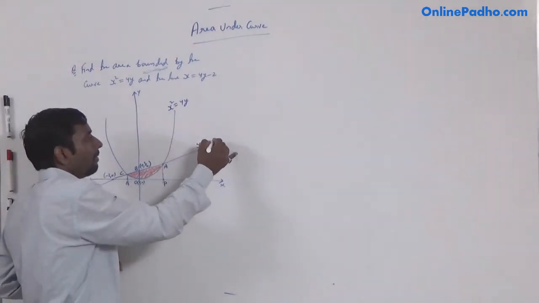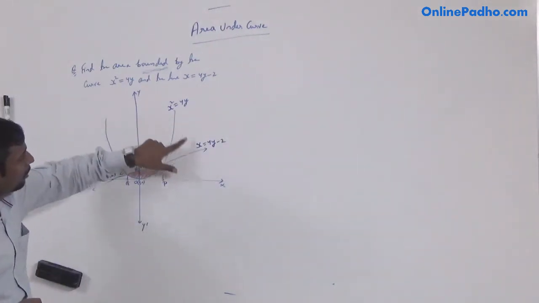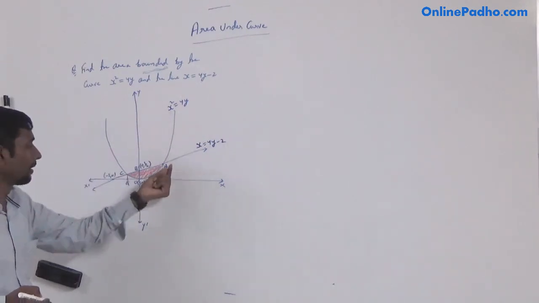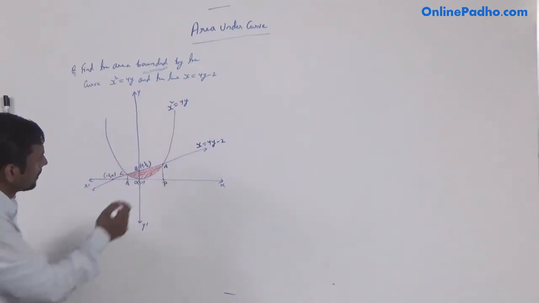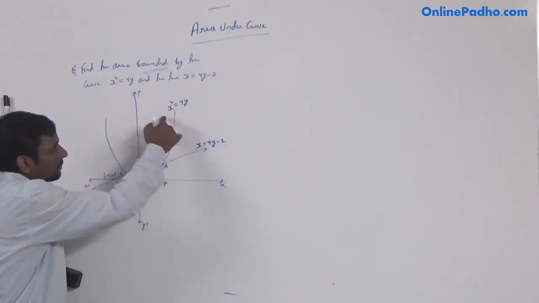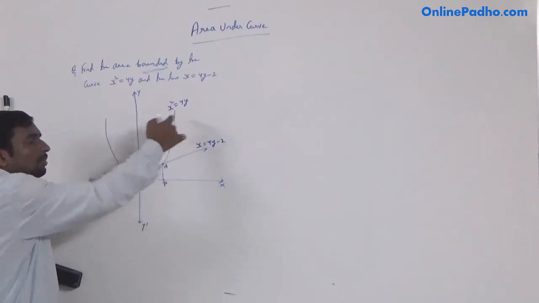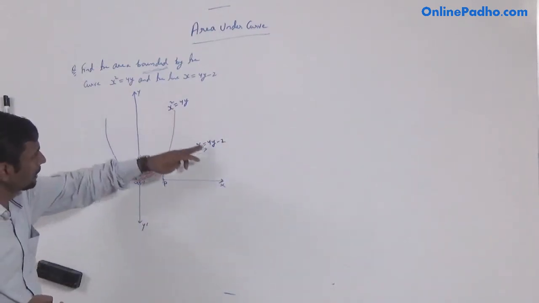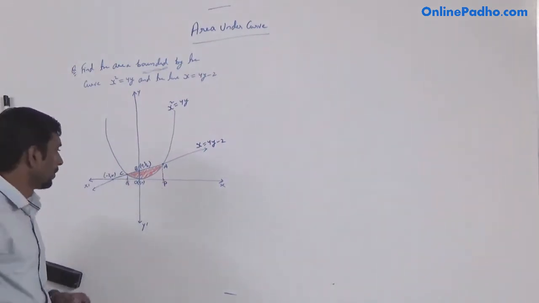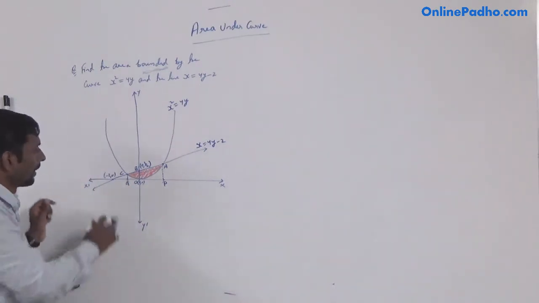We can solve these two equations to find two values of x that are the x-coordinates of point A and point C, because point A is the point of intersection of these two curves, and point C is also the point of intersection of these two curves. So we have to solve this to find the points of intersection. Then we can know the points Q and P.